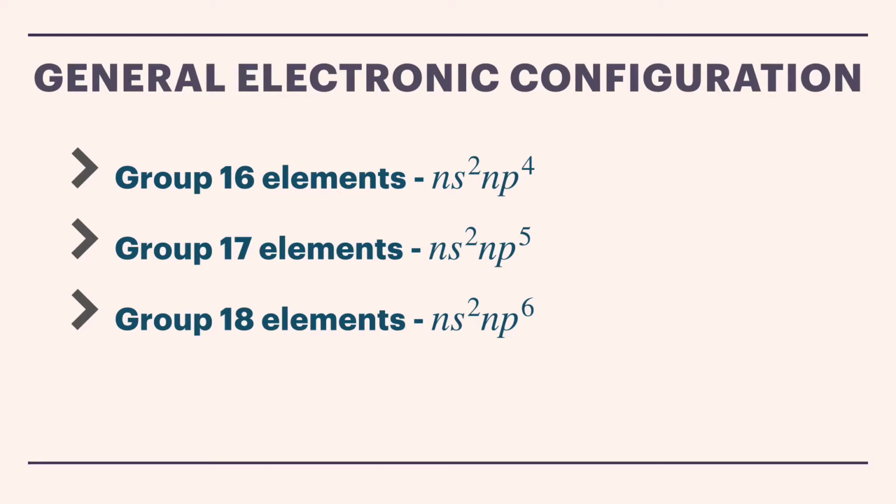So I can write it as ns2 np5. Okay, so if you just see the electronic configuration of other elements in the group, at the end it will be 3s2, 3p5, 4s2, 4p5. Therefore we write down the general electronic configuration of group 17 as ns2 np5.